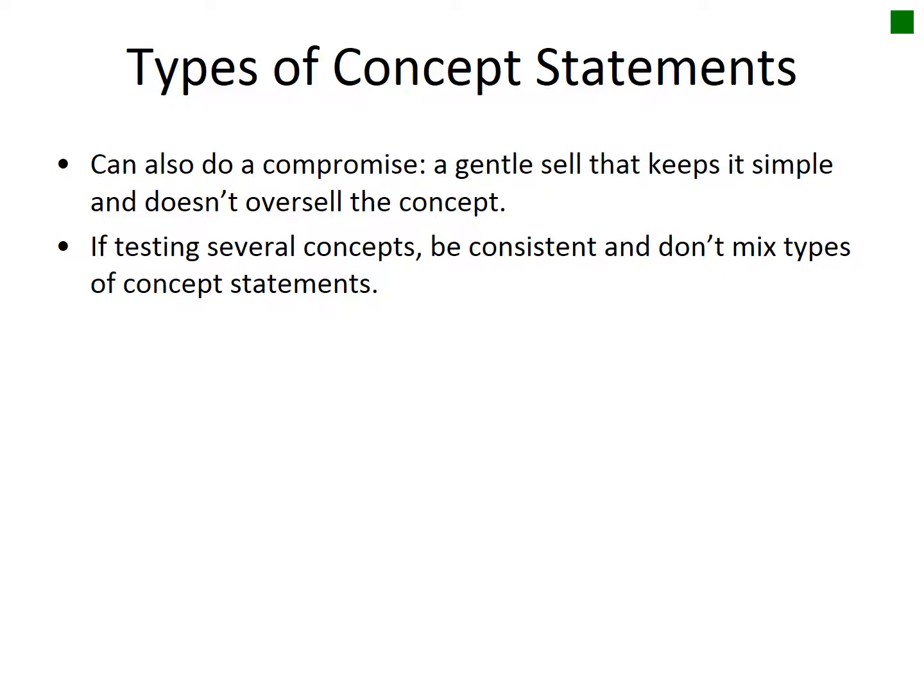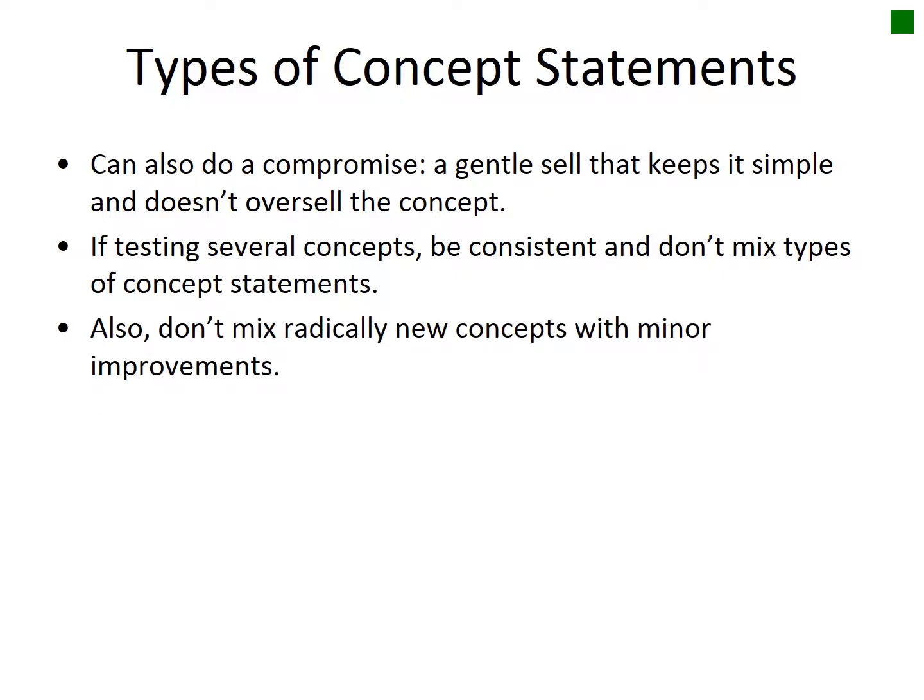We don't want to mix multiple concept statements in one test if possible. If we have a lot of different product variations or versions, we typically would like to have separate concept statements for each product version without mixing and matching different features or doing too much to confuse the consumer.